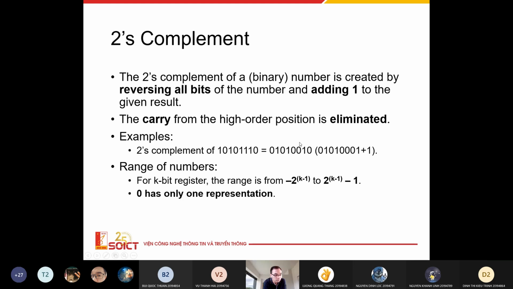For example, I need to find the two's complement of this binary number. But first, I reverse all bits of this number, right? To get the ones complement. You can see that the 1 becomes 0, right? And 0 becomes 1. And then I add the ones complement to 1, right? So I get the final result.